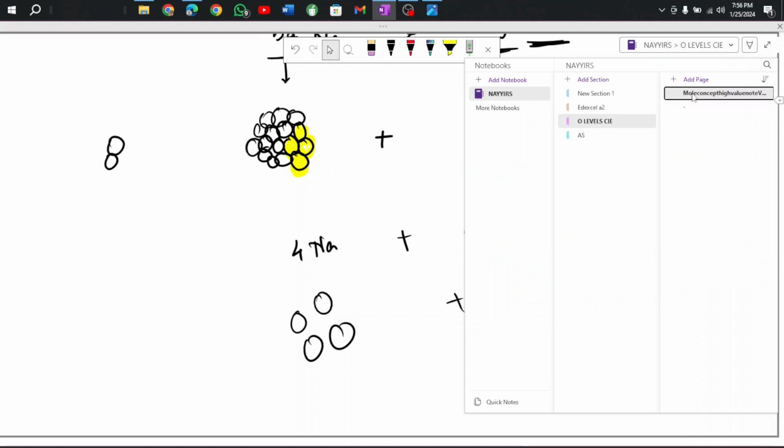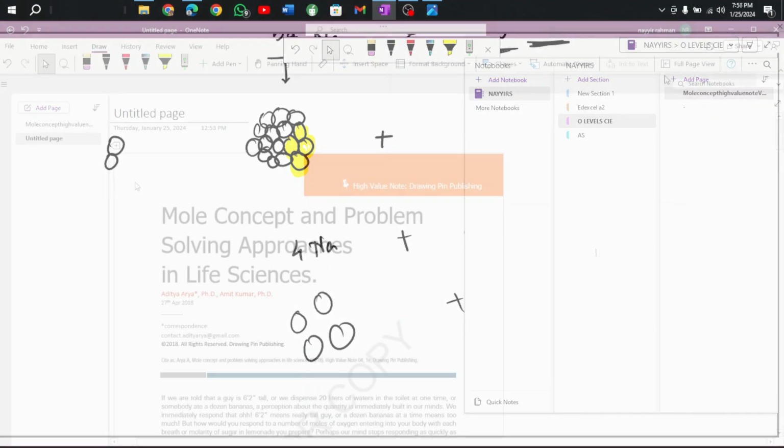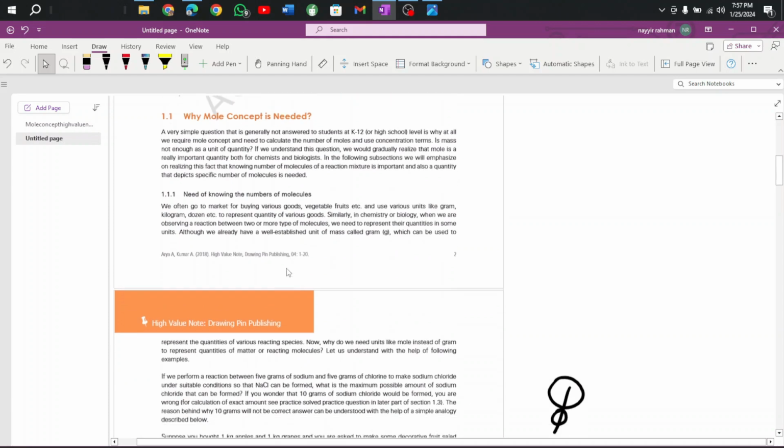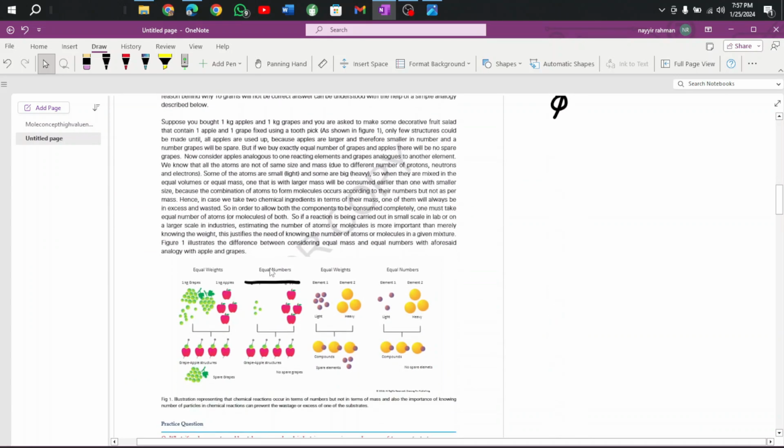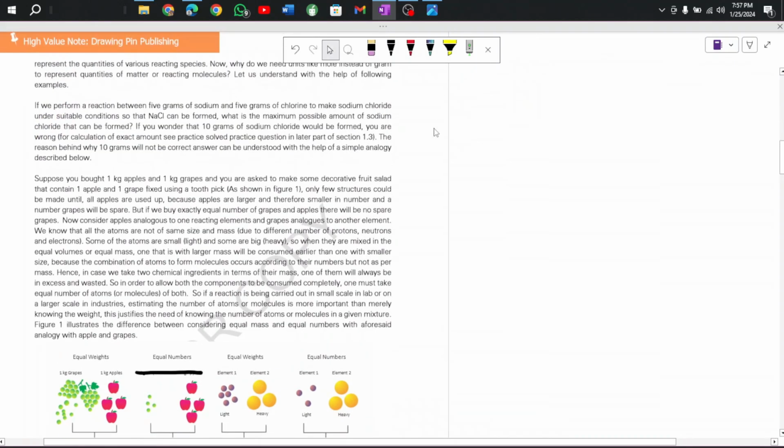এখন আমরা যেটা বললাম, এটা let's যেটা পড়লাম ওইটার একটা ডেমনস্ট্রেশন দেখি এই বই থেকে। সো একটা সিনারিও দেওয়া এখানে, চল একটু দেখি। Suppose you bought 1 kilogram apples and 1 kilogram grapes, and you're asked to make a decorative fruit salad that contains 1 apple, 1 grape fixed using a toothpick as shown below.